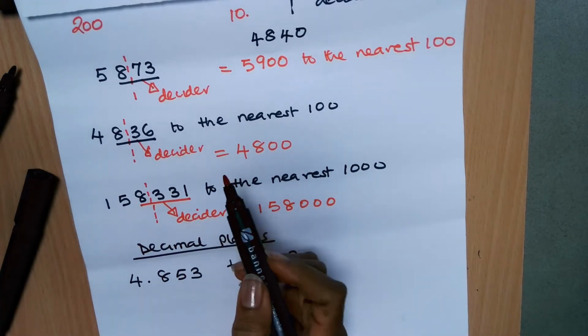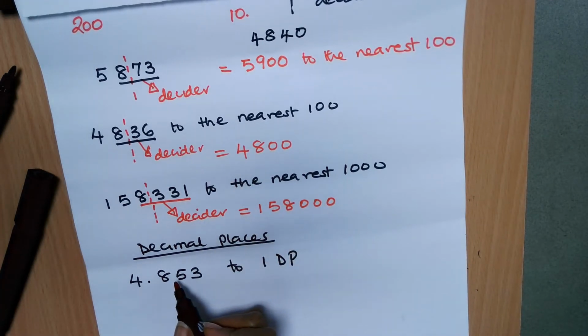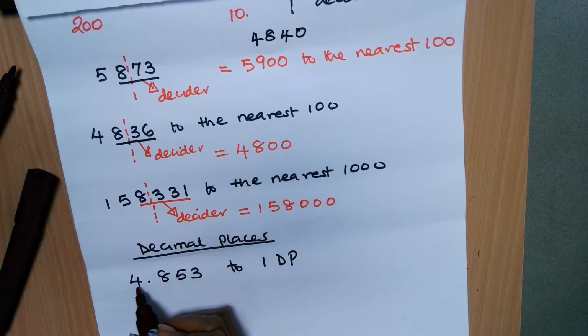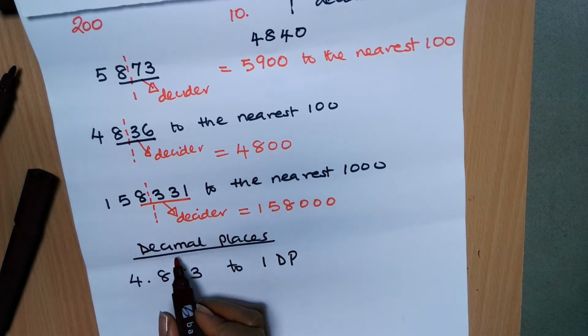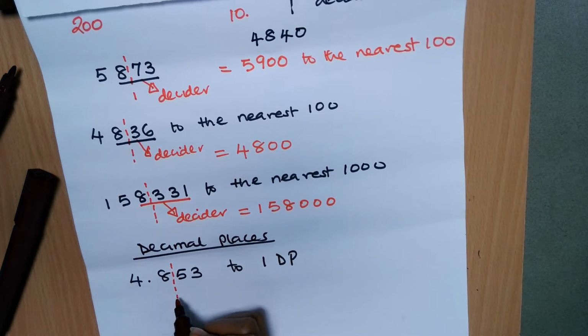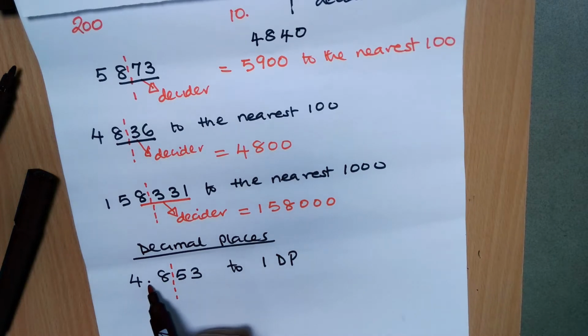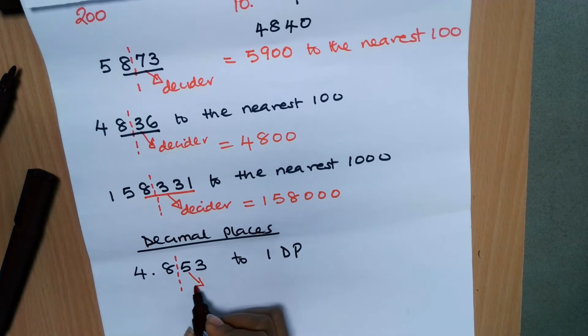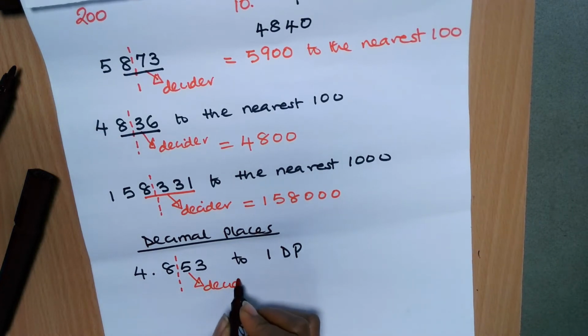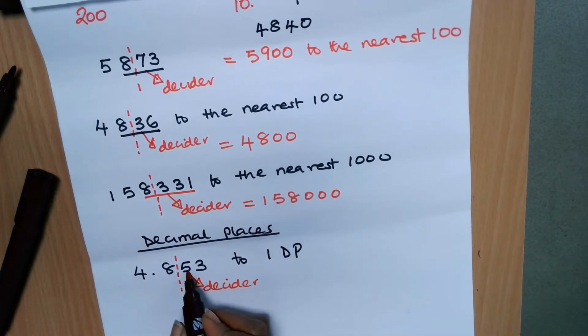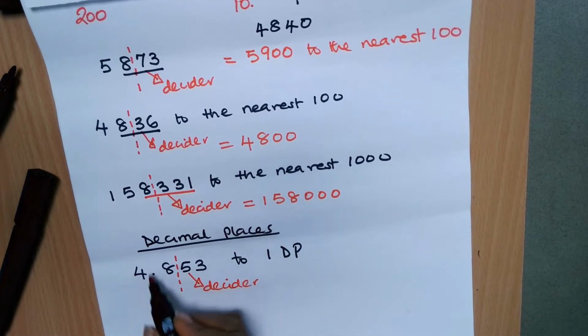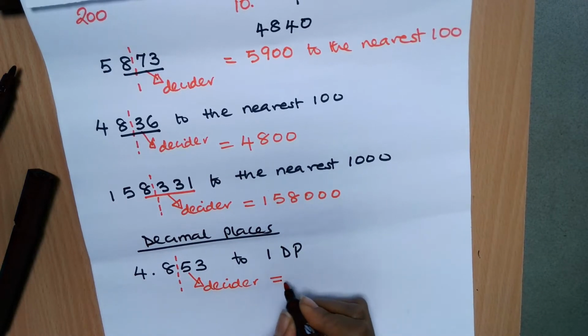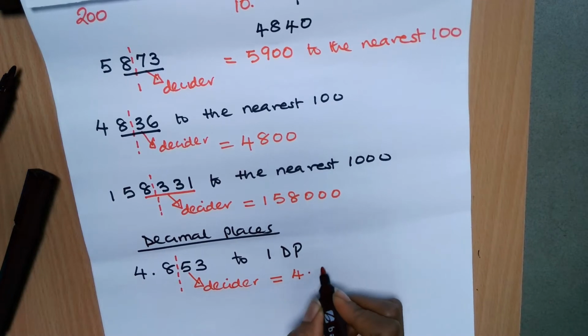So just like we did for the rounding, but this time we're not going to add zeros. So rounding to 1 decimal place, we're going to put our dotted line here. To 1 decimal place, we're counting 1 digit after the decimal point. So this one becomes the decider for this case. So 5, because it's 5, we're going to round up. So if we're rounding up for this answer, it's going to give us 4.9.